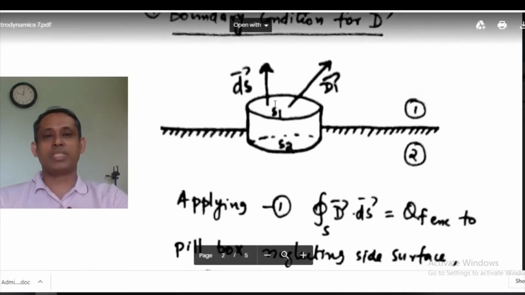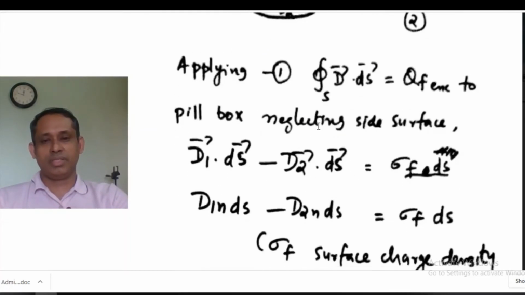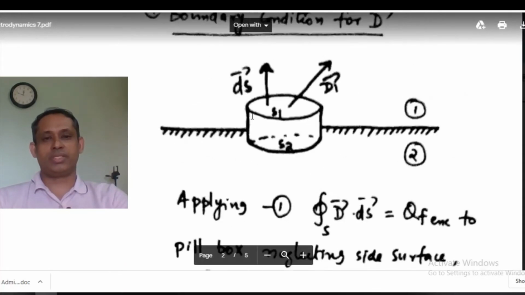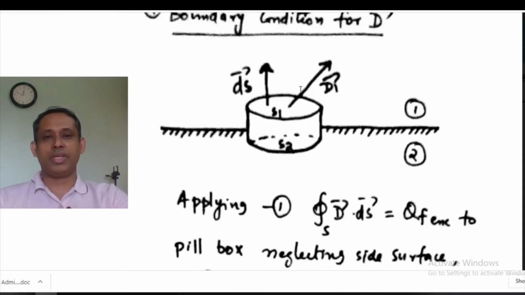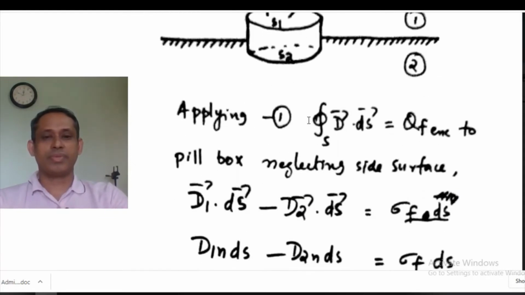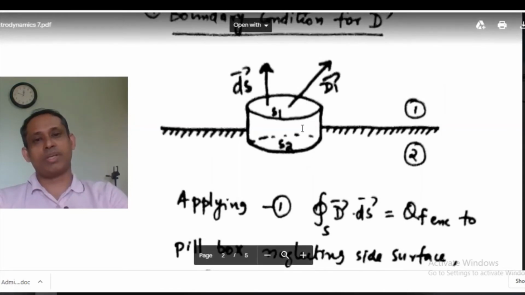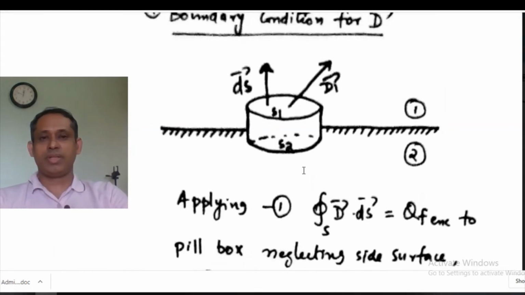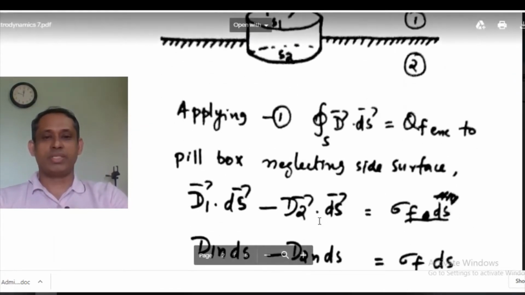For the upper surface, we have D1 dot dS, and for the bottom surface we have D2 dot dS.